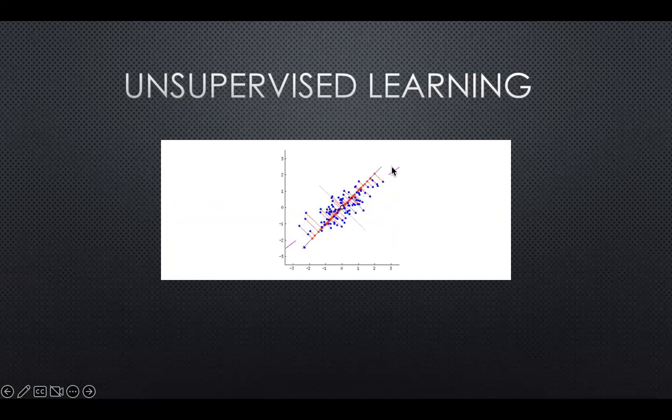So the data instinctively falls into this pattern where it seems to lie along this line, suggesting that the data is not distributed uniformly in these two dimensions, but seems to cluster along a single line that stretches from the lower left-hand side to the upper right-hand side of this diagram. I'm not sure if you can see my mouse cursor here, but this is the line along which the data lies.